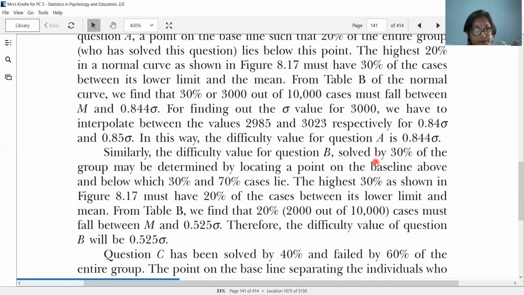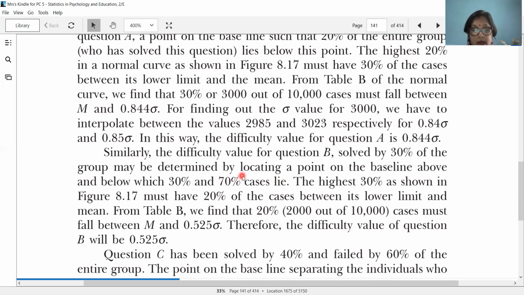Similarly, we need to find out the difficulty value for question B, which is solved by 30% of the group. Problem B solved by 30% of the group can be determined by locating a point on the baseline above and below which 30% and 70% of cases lie.